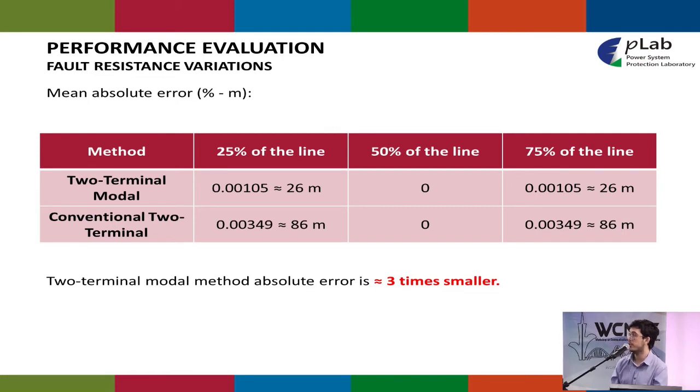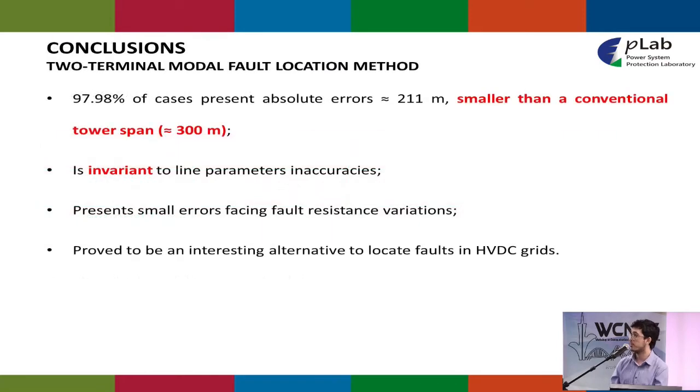The two-terminal modal method absolute error is a little more than 3 times smaller than the conventional approach. So, jumping to the conclusions, the two-terminal modal fault location method indeed is effective for locating pole-to-ground faults, since for fault location variations almost all the errors are smaller than a conventional tower span.